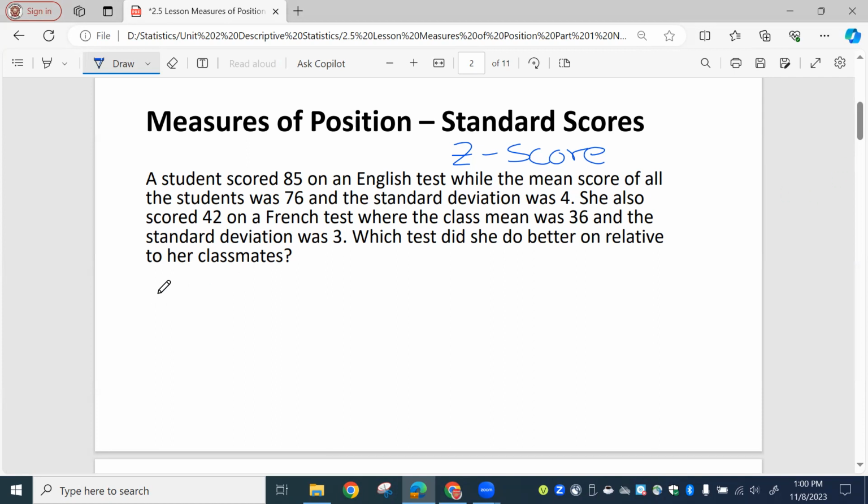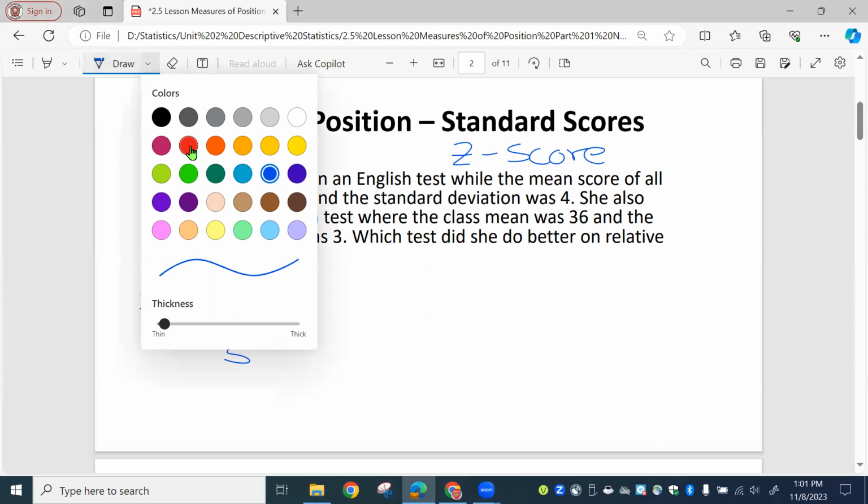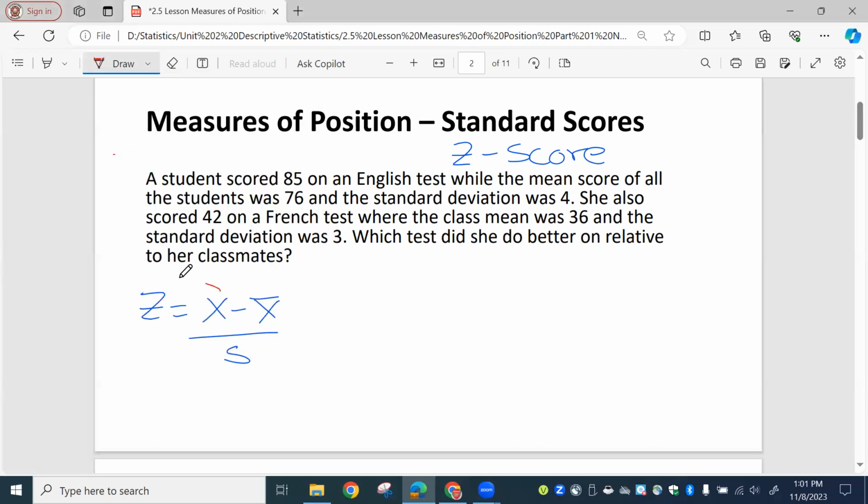So we have this formula, and we are going to use the formula for samples because we typically have samples. The letter X here represents the data point. X bar, with the bar on top, is our mean.